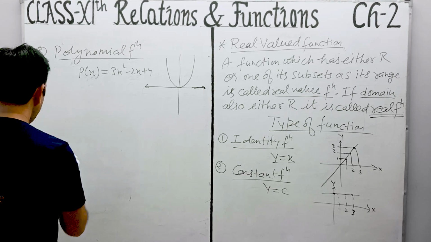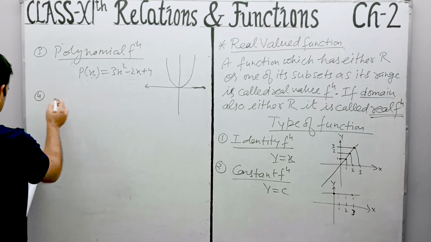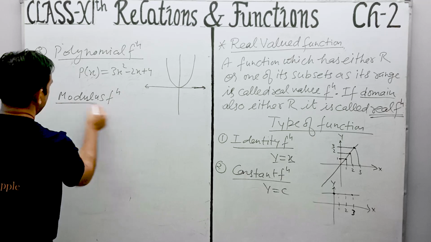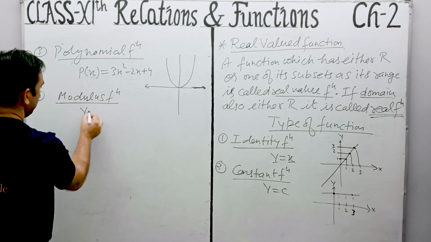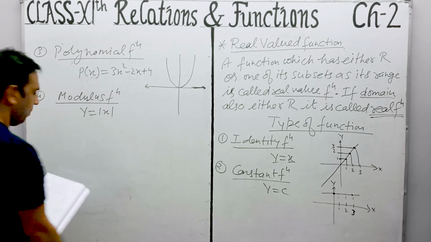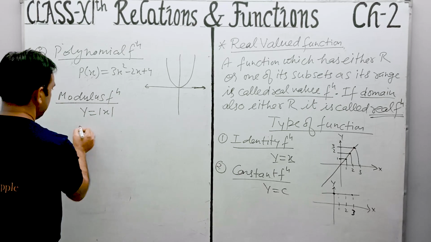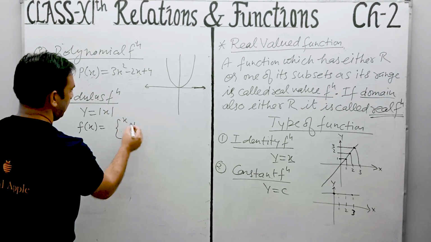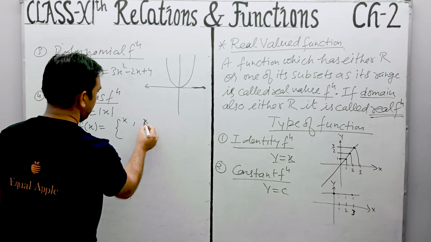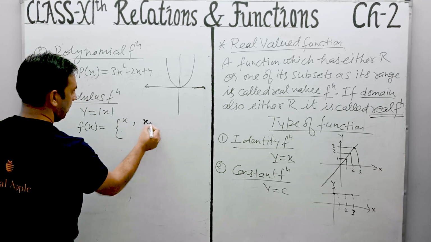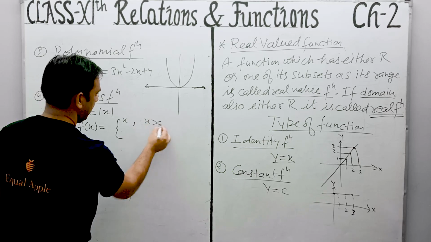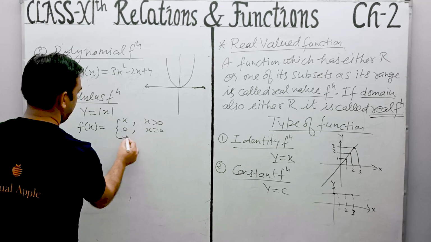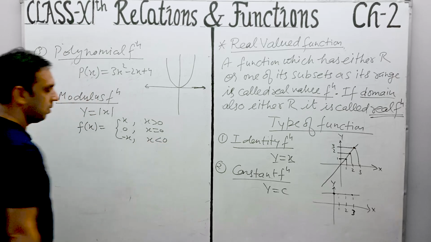Now we come to the next type of function, that is the modulus function, right? The modulus function is like y equal to mod x. We can write this function as f(x) equals x for every value of x greater than 0, 0 if x is 0, and minus x if x is less than 0.